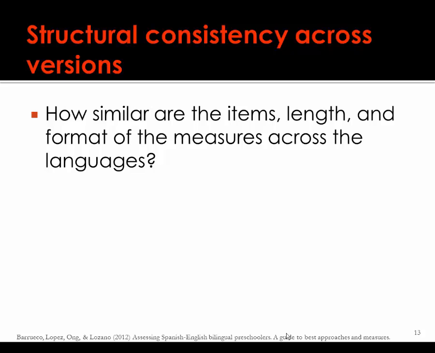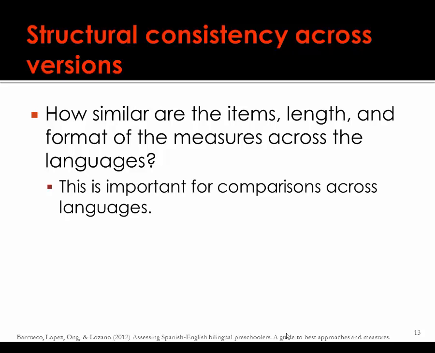There are certain published tests that, for example, developmental psychologists use that in English have, for the sake of argument, a subtest with 15 items, but in the Spanish version, that same subtest has 10 items. So that means that the two versions are not structurally consistent.